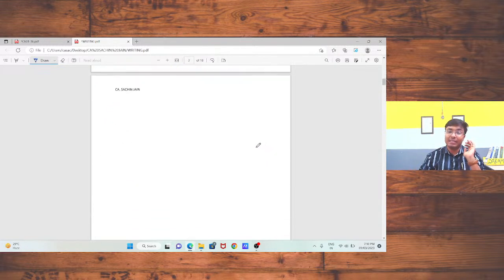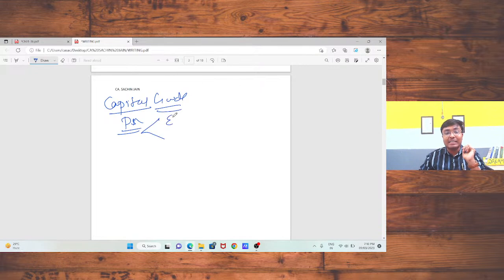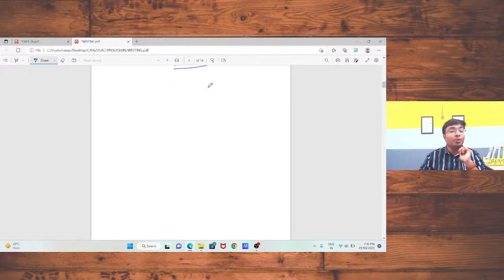But question arises, sir, in case of capital goods, if you are using that plant and machinery or whatever capital goods for exempted as well as taxable purpose, in that case what you need to do?